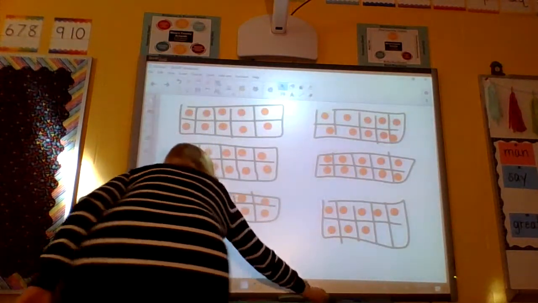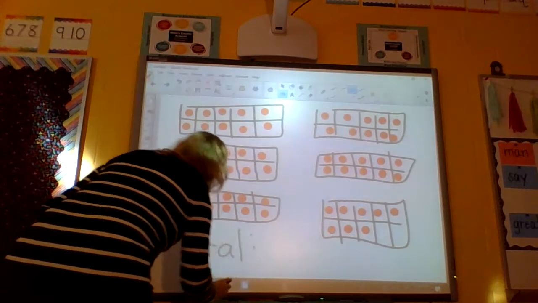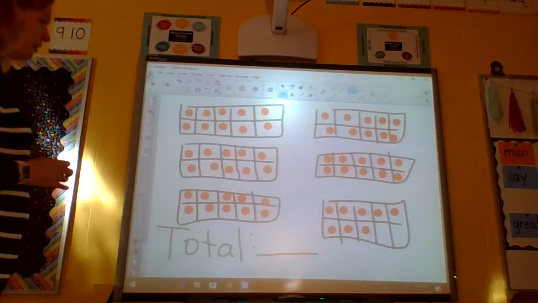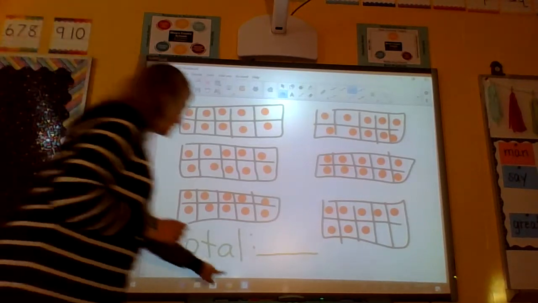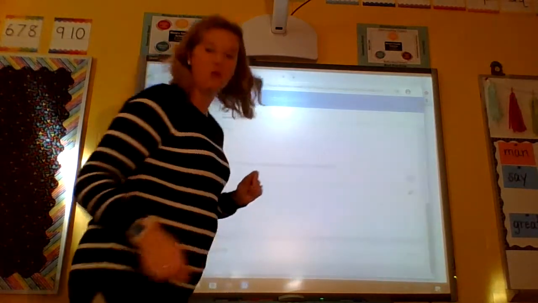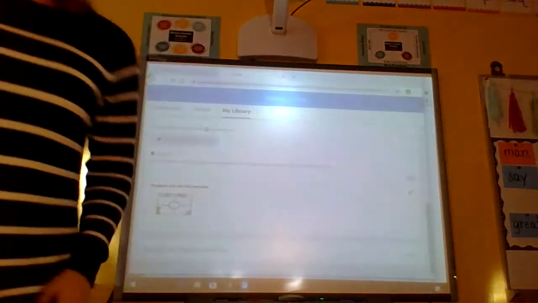Okay. I would like you to tell me the total number of those tens frames. I know they're a little bit wonka-donka. Actually, here. Hold on. I've changed my mind. Oh, I have a marker out. Where's my marker? There it is.